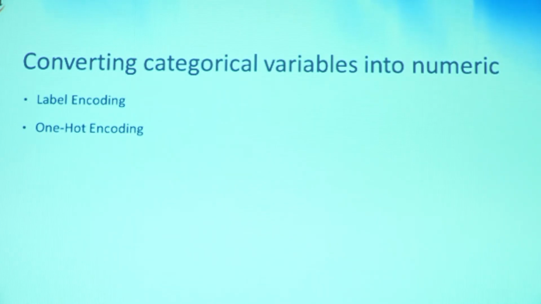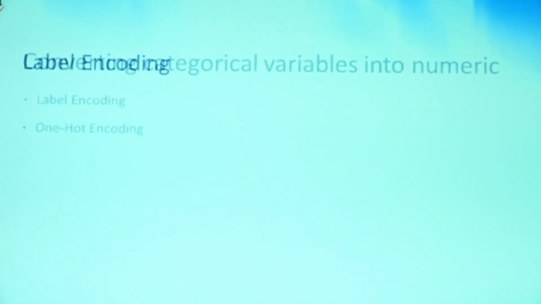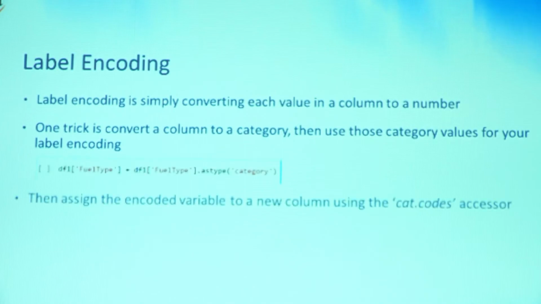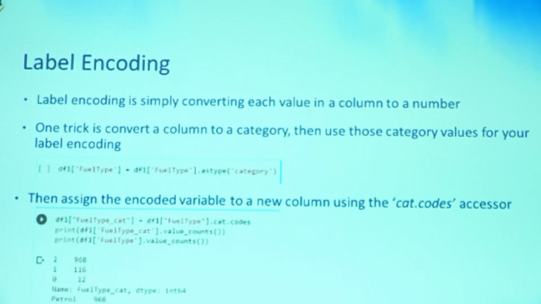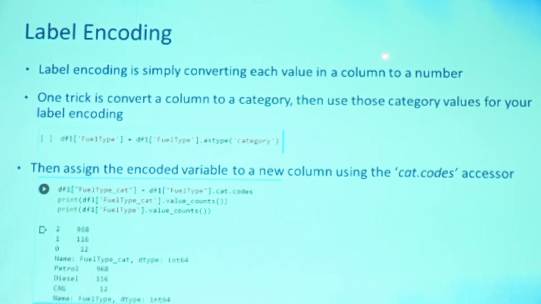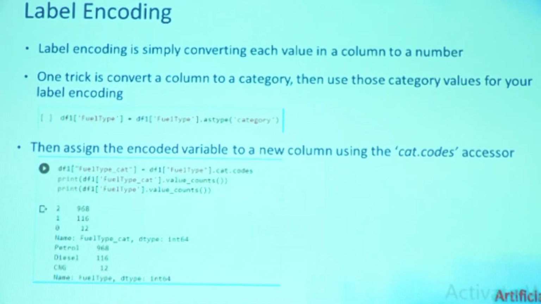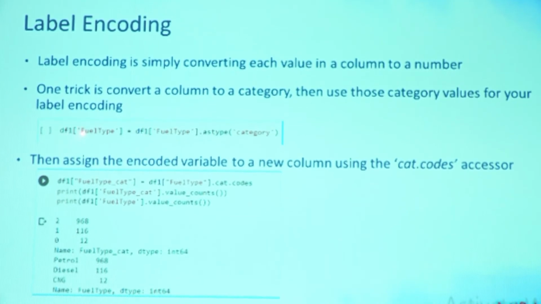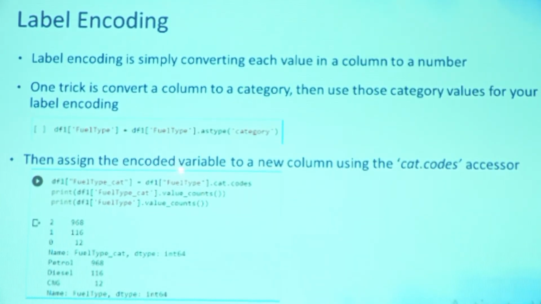So it's up to you, whatever encoding that you want. I'll show you both of them. You can see here, label encoding, guys. Label encoding is simply converting each value into a number. First you convert fuel type into category.